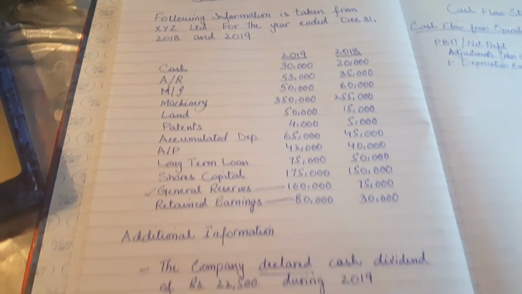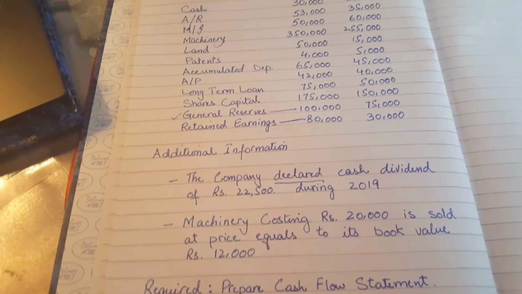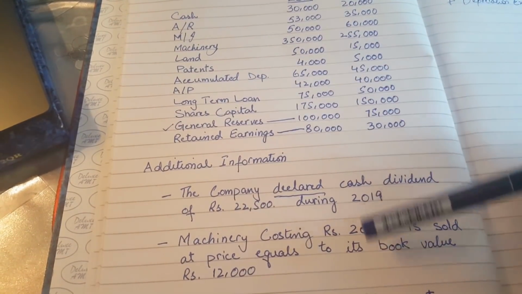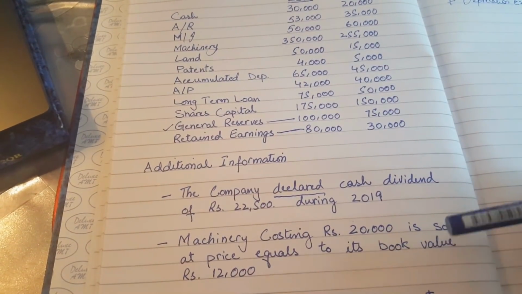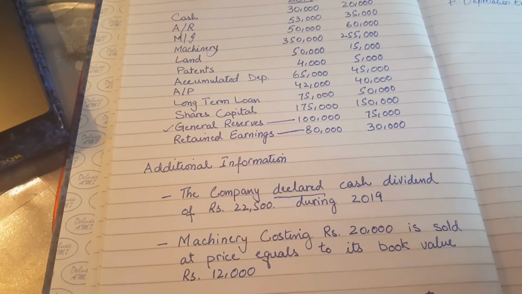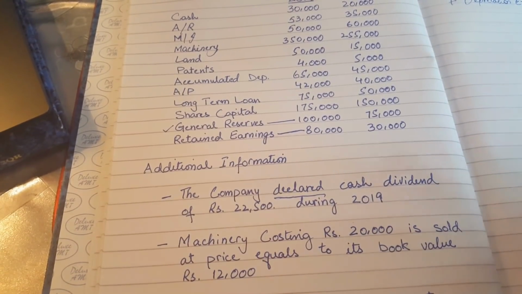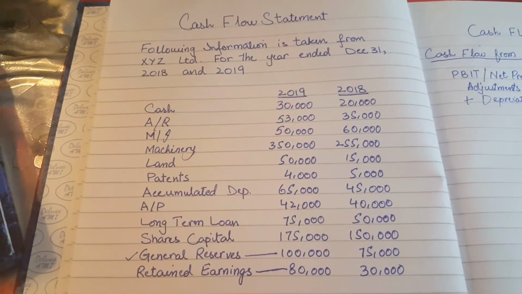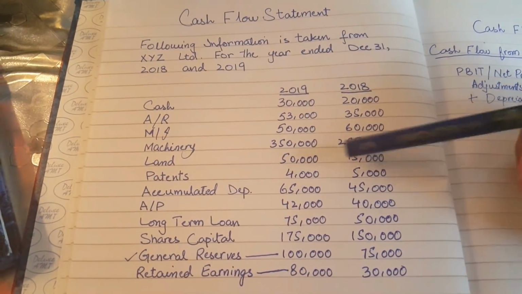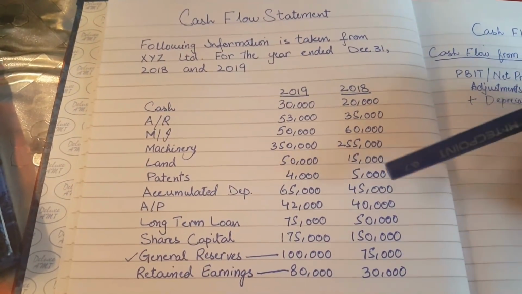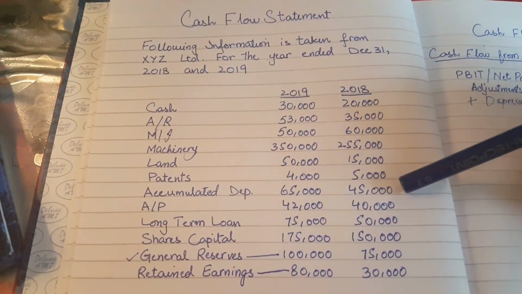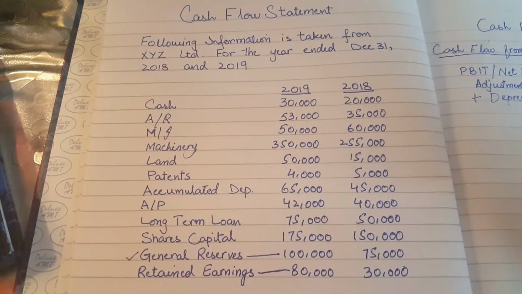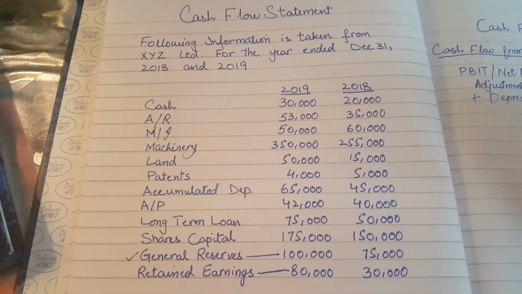But if we look at the additional information, no additional information regarding patents is given. We are not told that any of the patents are sold or decreased in any way. So it means that patents are amortized. So we will find the value of amortization of patent, and that value is a non-cash item. That item will be adjusted here.